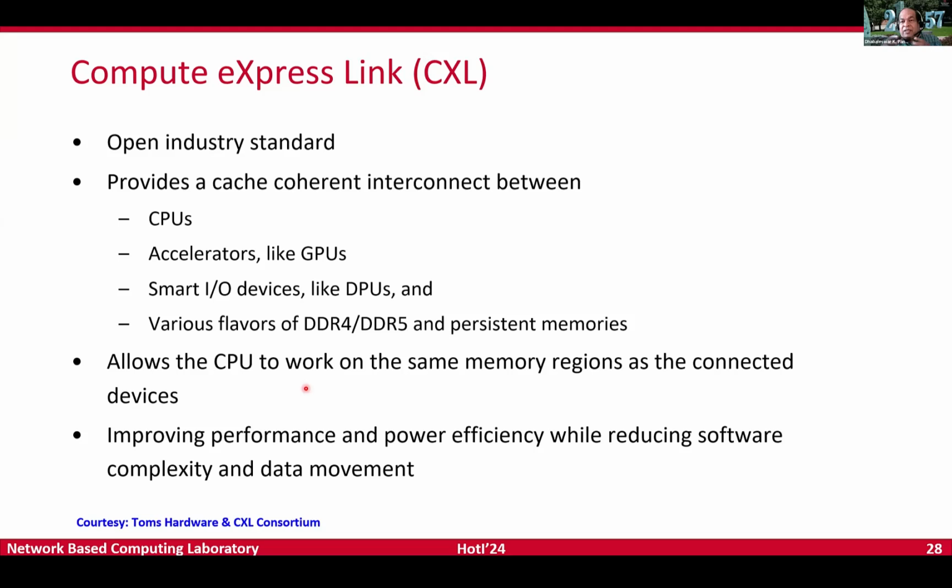CXL is trying to expand that to a certain extent. You cannot connect 10,000 servers with CXL, but you can go up to 8 or 16, depending on the technologies and the switches, so that within that super node or super server, you can have shared memory. That improves performance and programmability significantly.